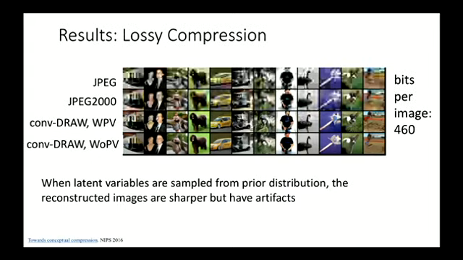So you can see here, they control bits per image at 460. JPEG is not doing a good job. With prior variance, you get slightly sharper images, but you get these artifacts, and because there is some sampling, something is random. And here it's all clean, but they look more blurred because there is no sampling.